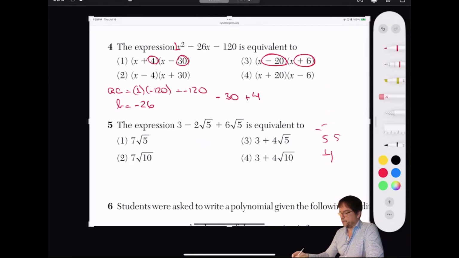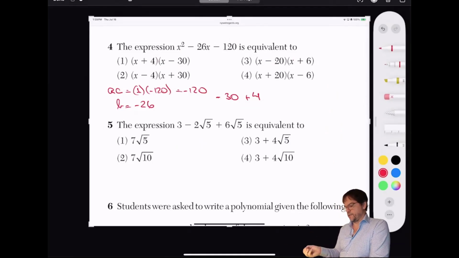So this factorization was not useful in this situation, it's much better to go for the options, okay? So the factorized format, okay, I will get 30 and minus 4 as the roots.